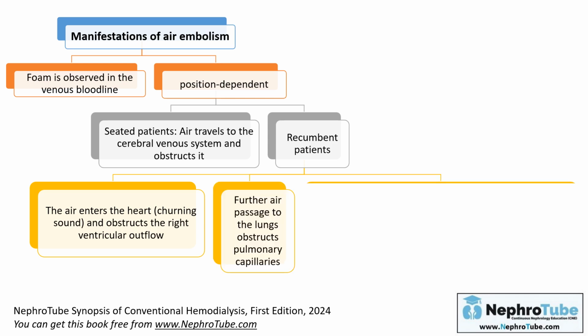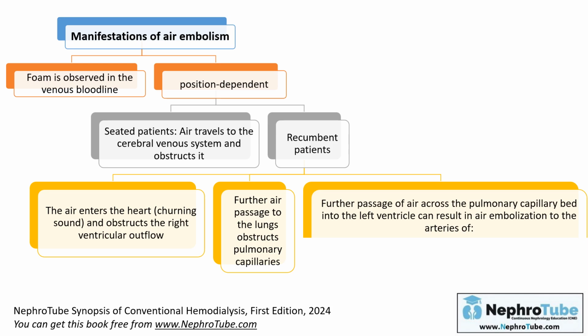Furthermore, if the air embolism passes the right ventricle, it will pass to the lung and obstruct pulmonary capillaries. And for sure, this will cause dyspnea, cough, chest tightness, pulmonary edema, and respiratory failure.